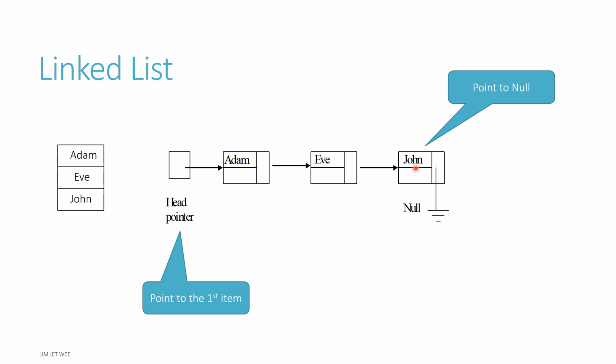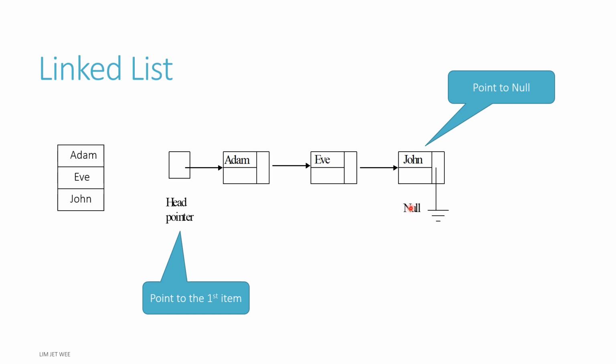But I need an end, okay, because I need to know when to stop, right? Actually, very simple. The last node, in this case John, will still have a pointer, but the pointer will not point to anything. Or in short, we can define this as null. So there is no place to go to. There is no value.